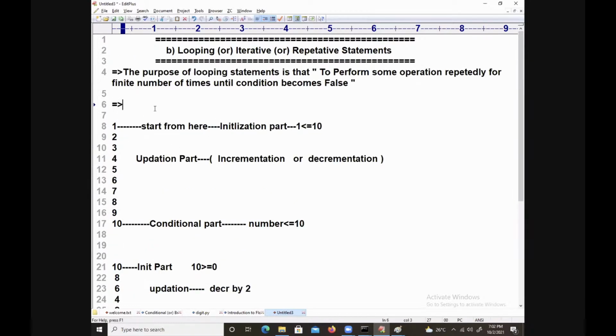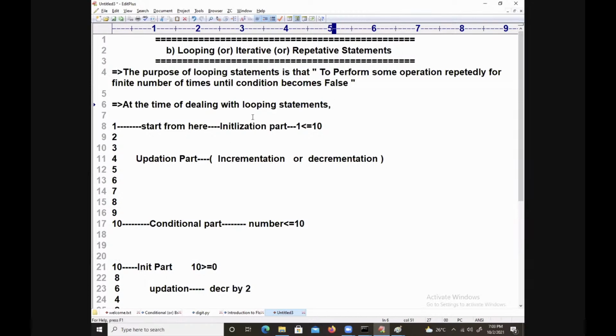Now I am writing this. At the time of dealing with looping statements, what we must do?